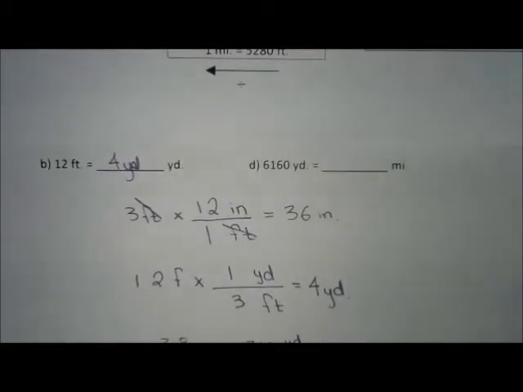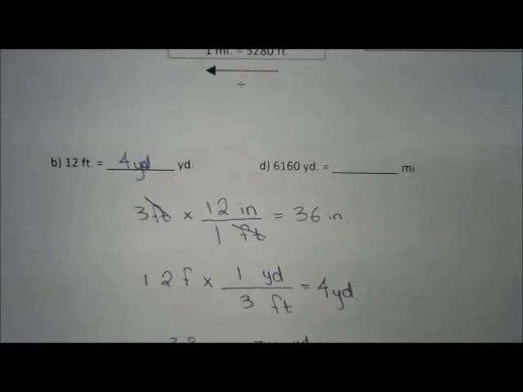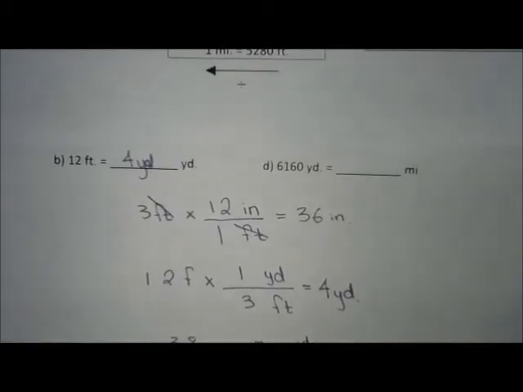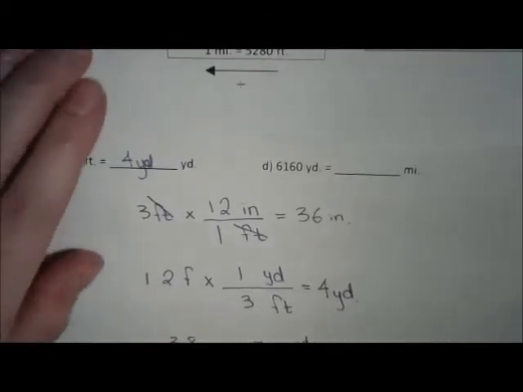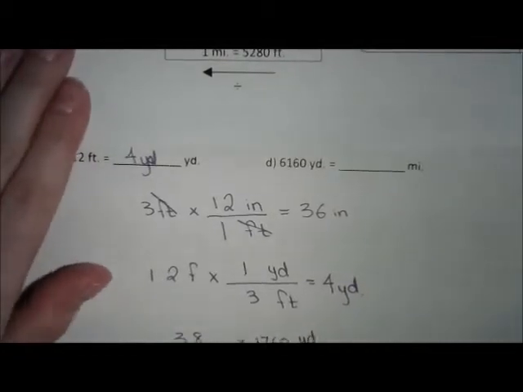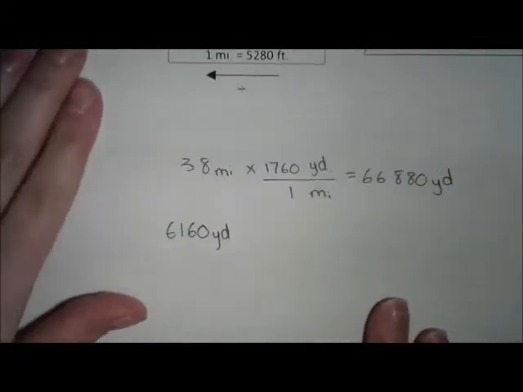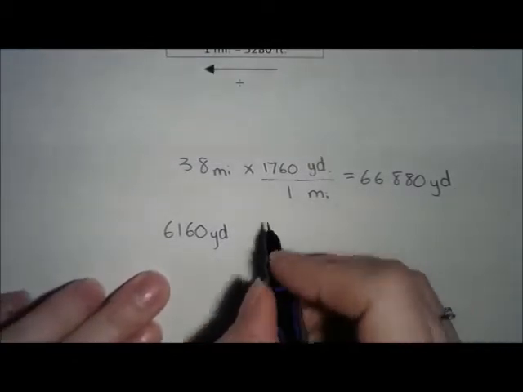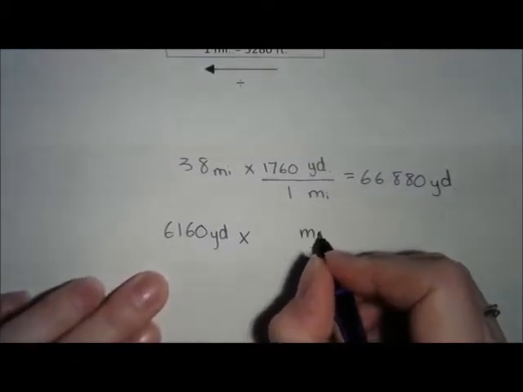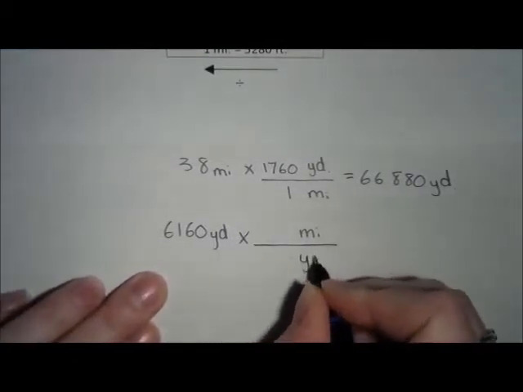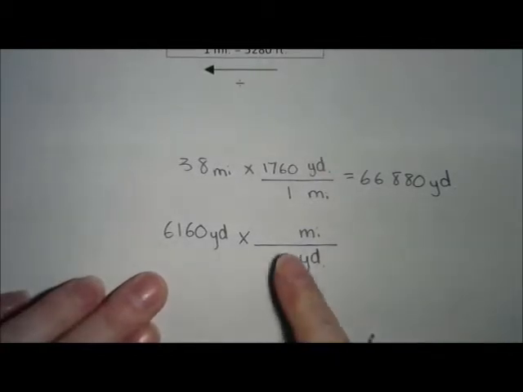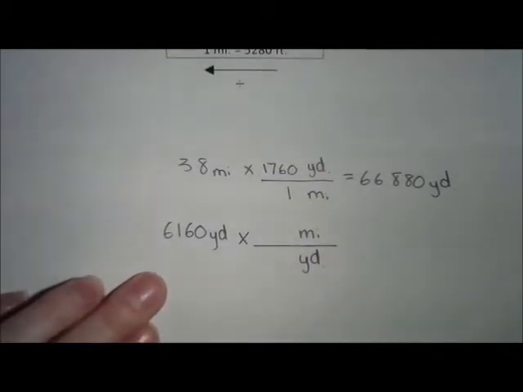And last example, 6,160 yards is how many miles? So 6,160 yards. And we're converting to miles, getting rid of yards. Whatever you want to get rid of goes on the bottom. Okay.